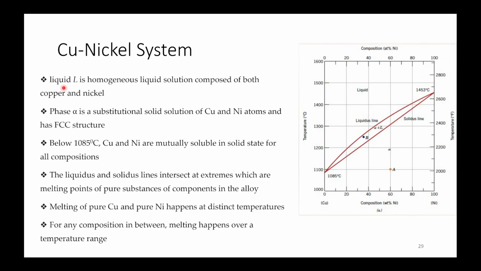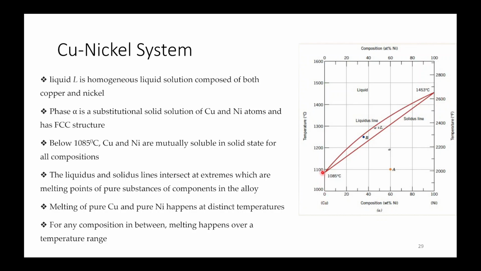Now liquid L is a homogeneous liquid solution composed of both copper and nickel, and phase alpha is a substitutional solid solution of copper and nickel atoms and has FCC structure. Below 185 degrees Celsius, copper and nickel are mutually soluble in the solid state for all compositions, and the liquidus and solidus lines intersect at the extremes, which are the melting points of your components.